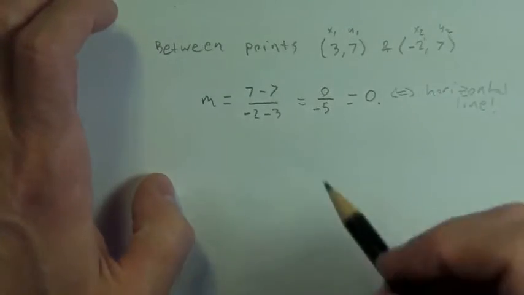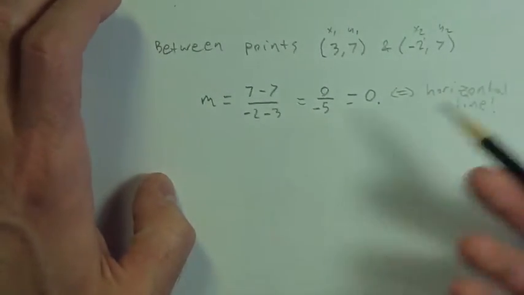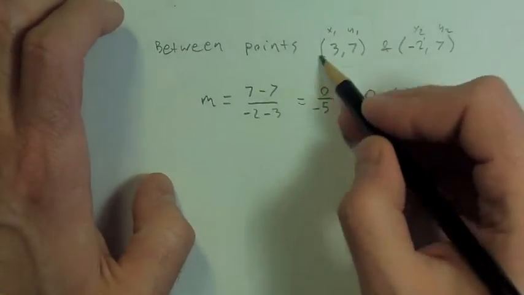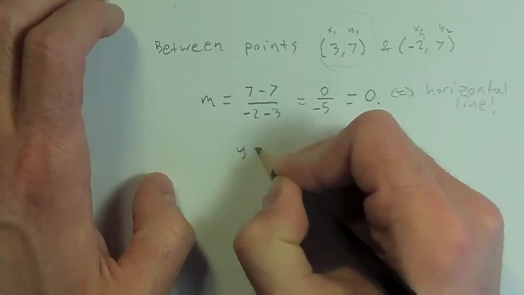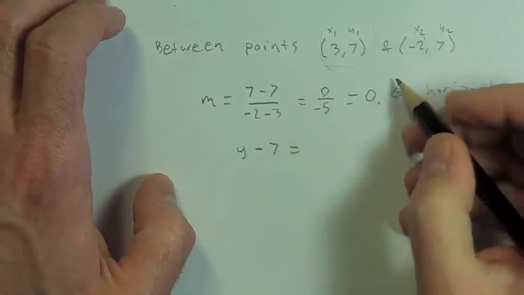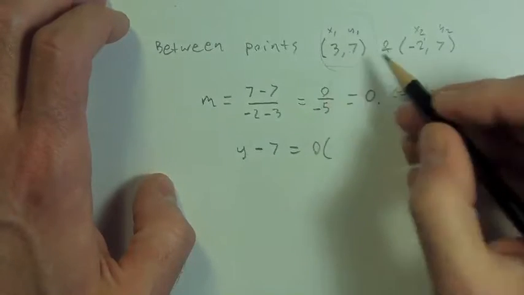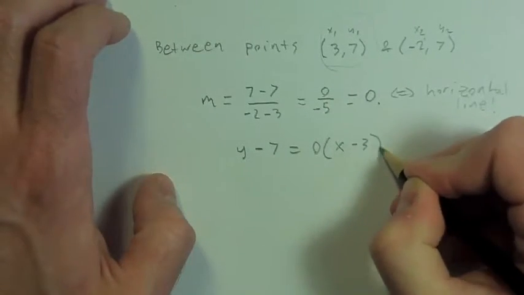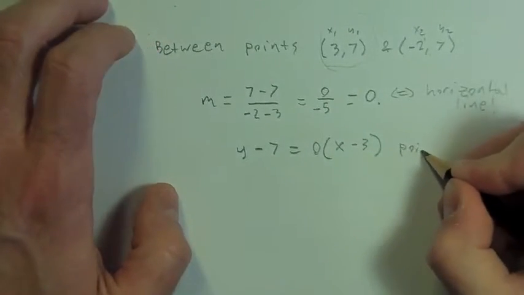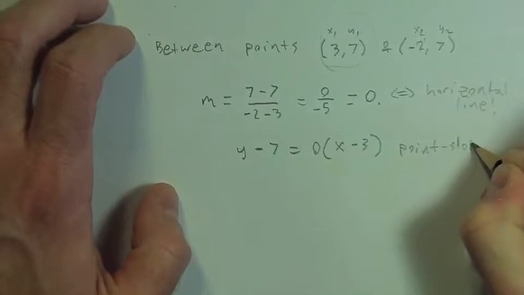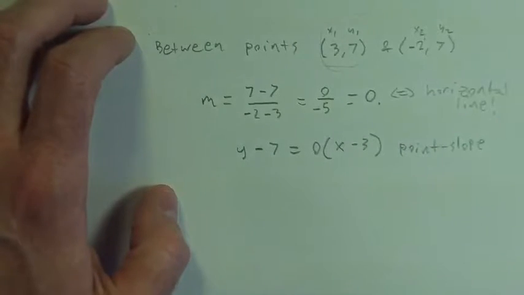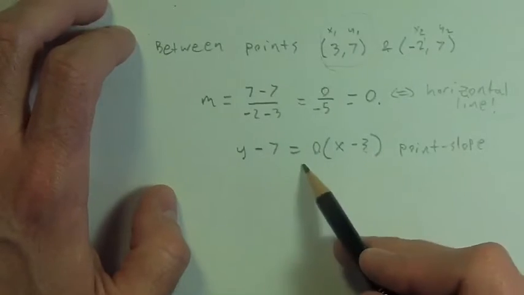Okay? Well, let's put this in our point slope form anyway. Using this point, we could say we have y minus 7 is going to be equal to our slope 0 times x minus 3 in point slope. Well, 0 times anything is just going to be 0.